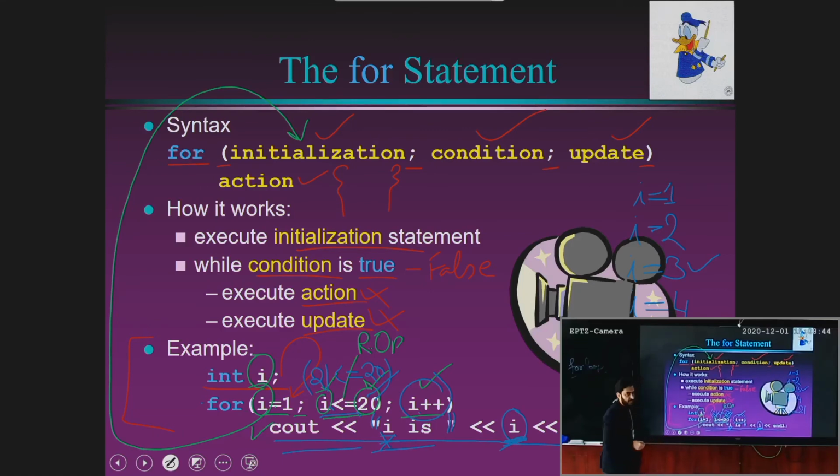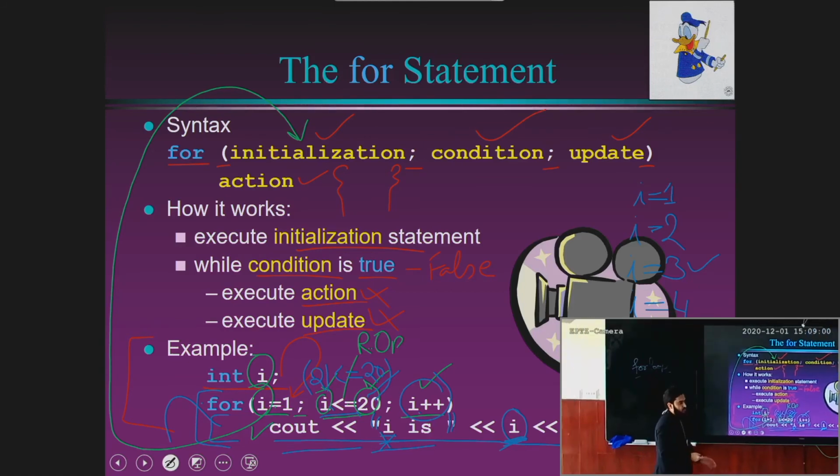No, so the condition becomes false. When the condition becomes false, the body of the for loop will not be executed. The execution will jump out of the for loop to the outer statements, or if there is no statement, your program will halt and stop execution.